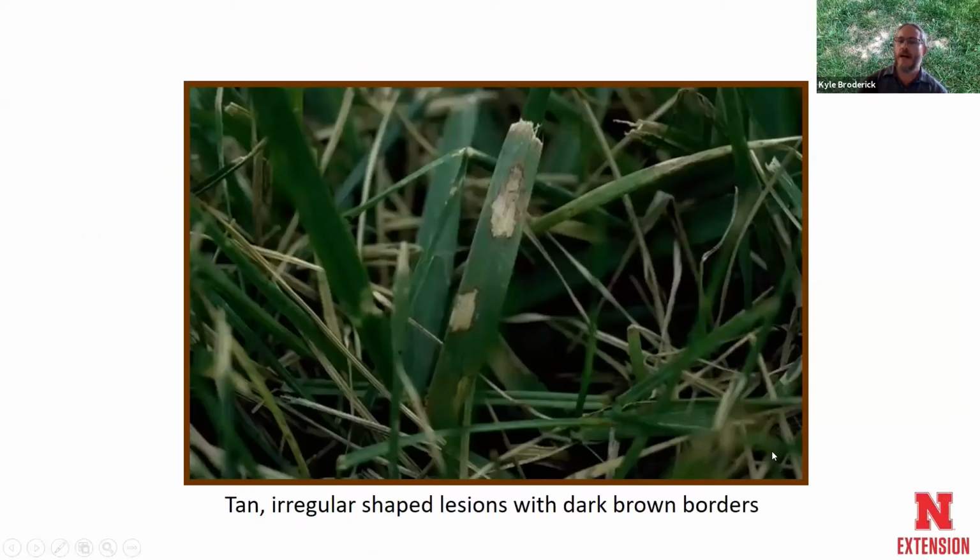And one of the diagnostic symptoms of brown patch tends to be these tan, irregular shaped lesions that have a dark brown border on them. That's what you see early on.